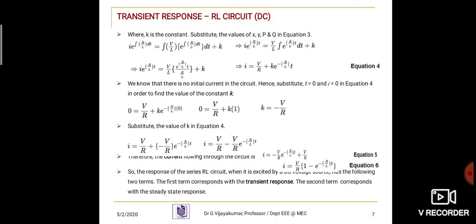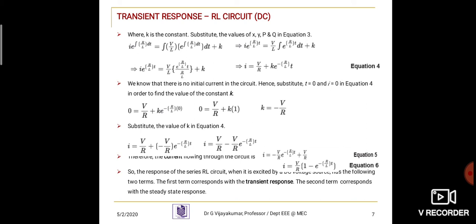We know that there is no initial current in the circuit, hence substitute t is equal to 0 and i is equal to 0 in equation 4. So 0 is equal to V by R plus k e power minus R by L into 0. Simplifying, finally we obtain k is equal to minus V by R.